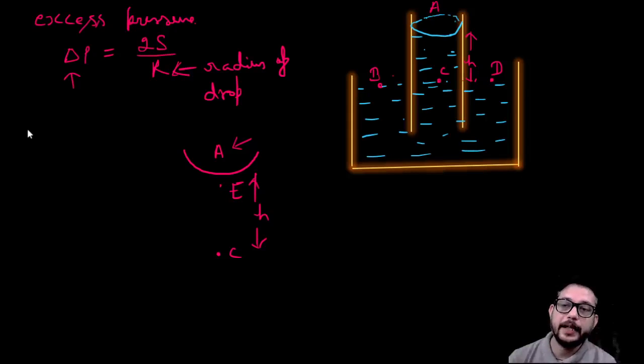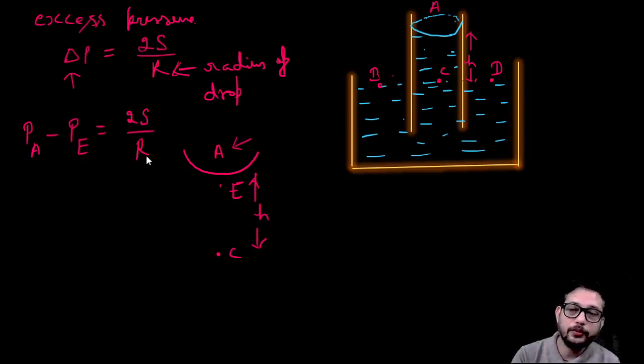So we can simply write that the pressure at point A minus pressure at point E, this is the excess pressure, that must be equal to 2S upon capital R. I hope that this thing is clear to all of you.